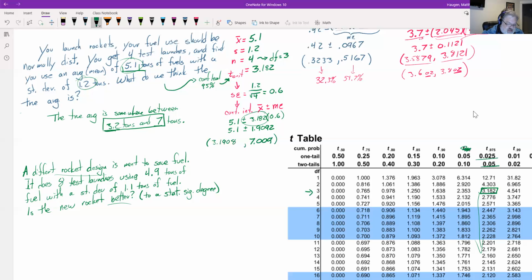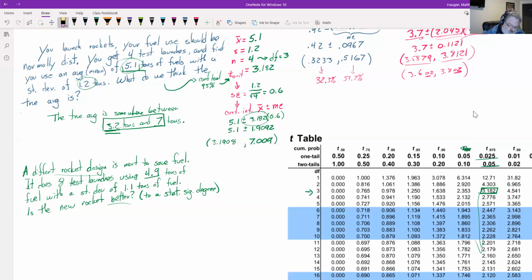This thing could be as good as 3.2, as far as we know. And this thing could be as bad as 4.9. So already, it's not necessarily better. Fair?